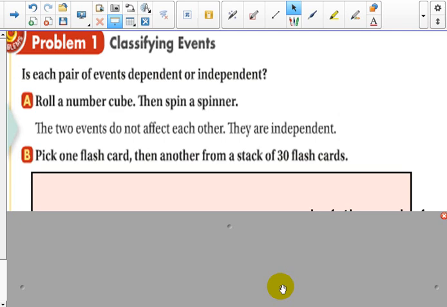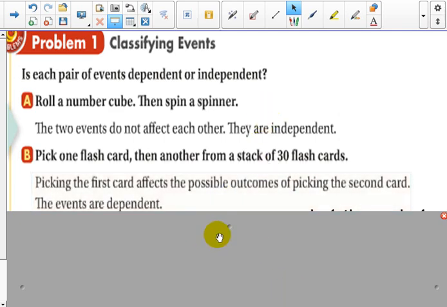I've got 52 cards to pull from, and I pull one out, and I set it aside. Does that affect what I'm going to draw on the next draw out of the deck? Yeah, because it's going to be one less. Like if I pull the King of Hearts, now my second draw is going to be affected because the King of Hearts is not there, right?